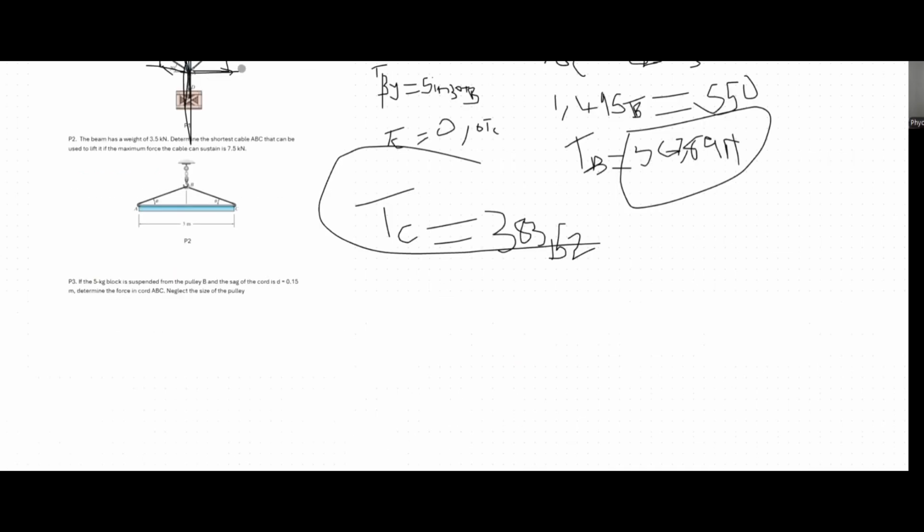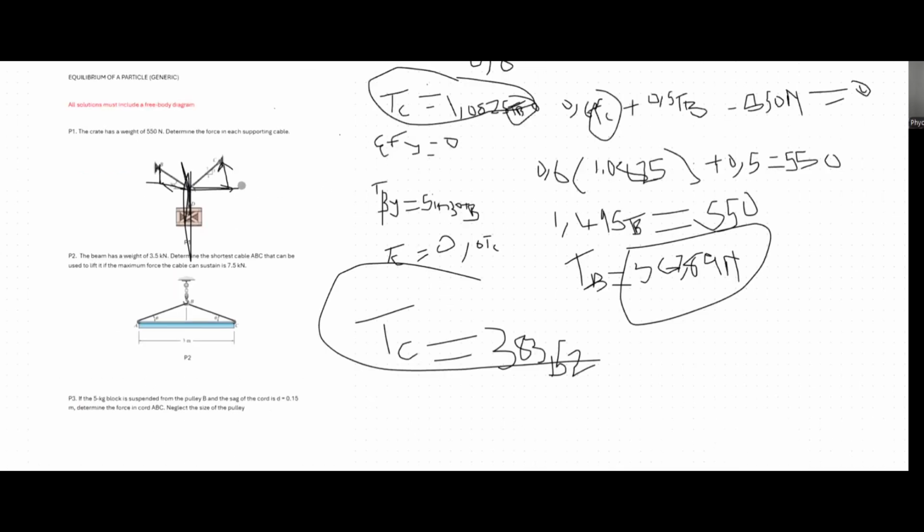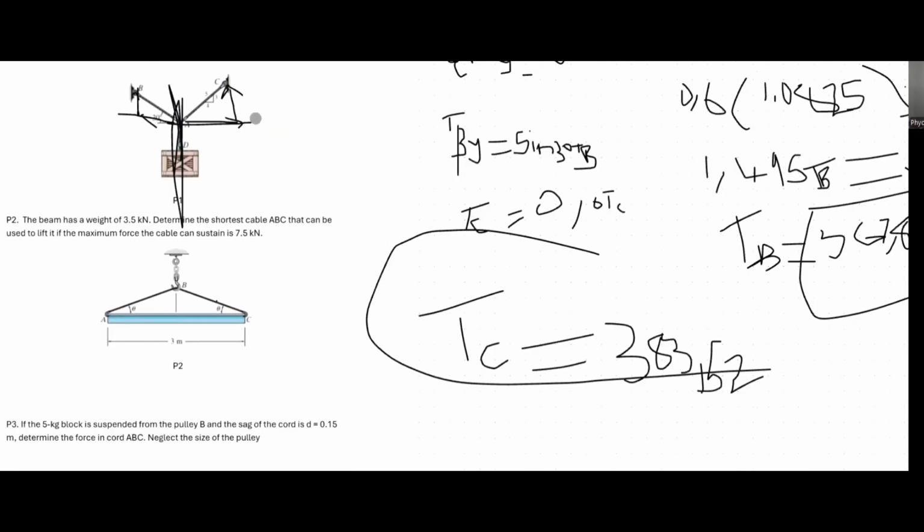This one. The question says, the beam has a weight of 3.5 kilonewton. Determine the length of cable ABC that can be used to lift it if the maximum force the cable can sustain is 7.5 kilonewton. Let me zoom in on this one.